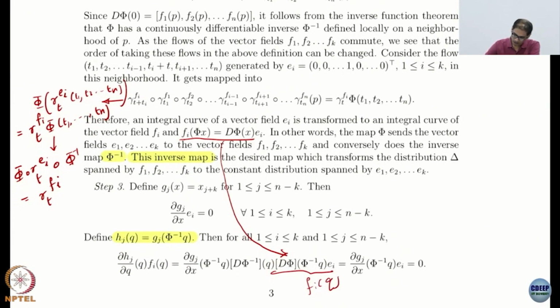Alright, the final step. Once you know that your f1 to fk's are smoothly mapped to e1 to ek's, you try to come up with the h functions for the e1 to ek system. What did we do?